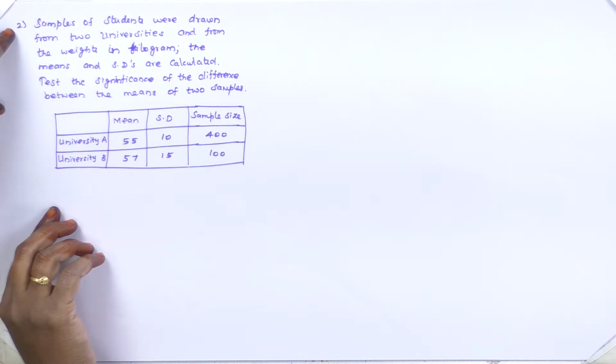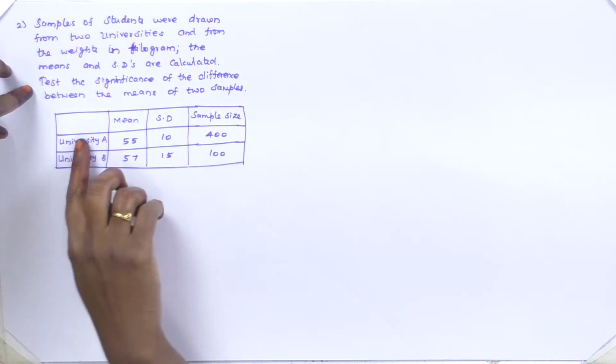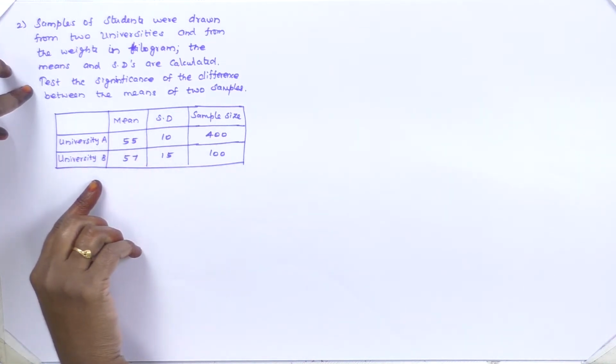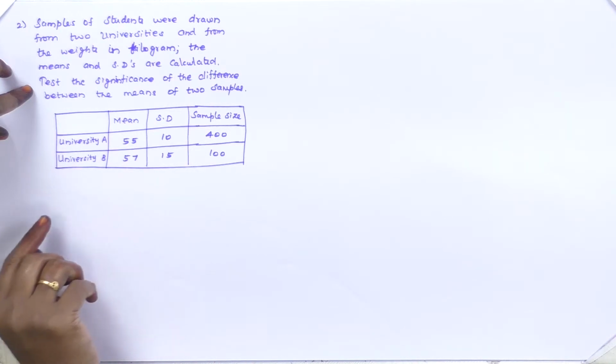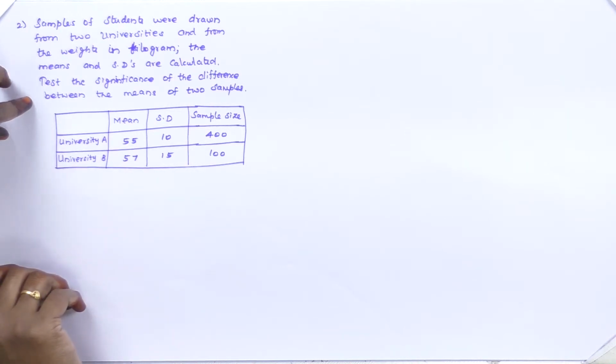Next question. Samples of students were drawn from 2 universities and the weights in kilograms, the means and standard deviations are calculated. That is given in the form of a tabular column. Test the significance of the difference between the means of 2 samples.